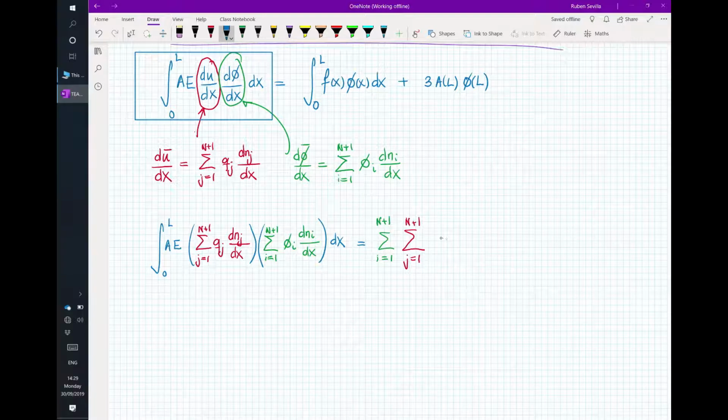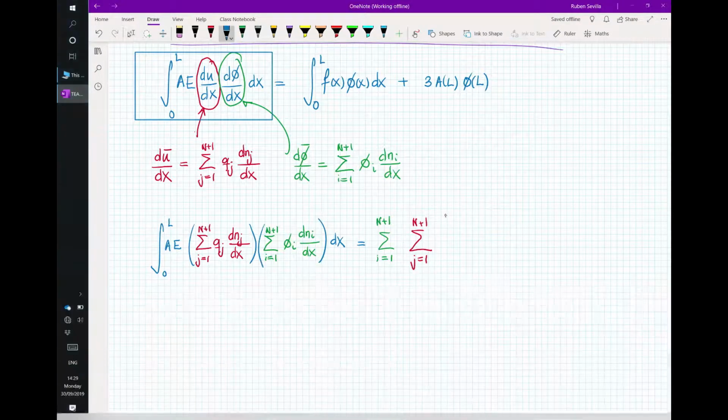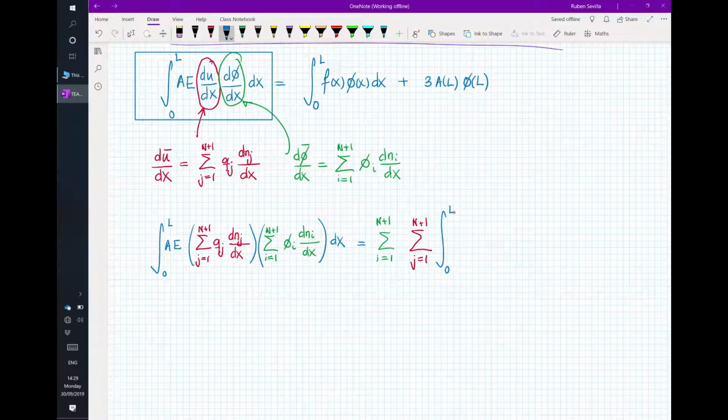I'm going to put the integral, and I got the area, the Young modulus. What of the terms that you see in all these big expressions here, what are the terms in this integrand here, that do not depend on x?